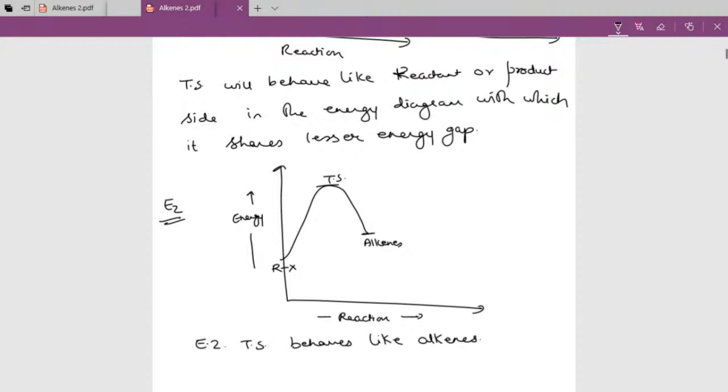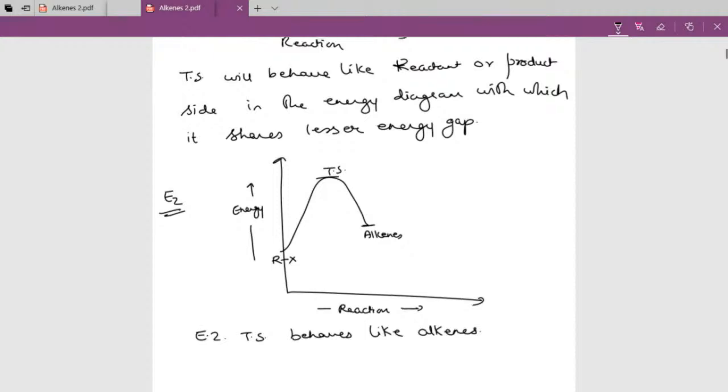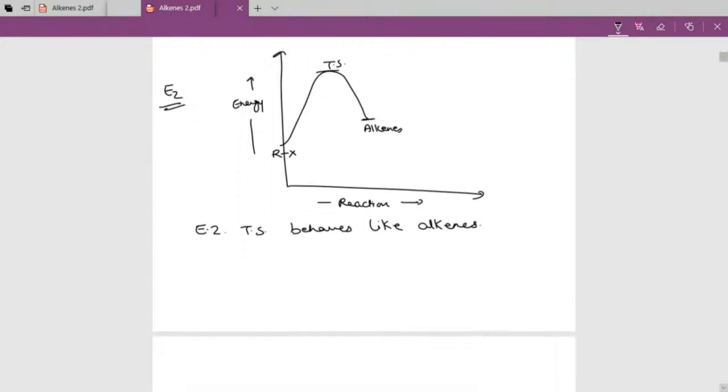Well, once we find out which reactant or product it behaves like, then a clarity comes that this transition state's stability will be influenced by the similar factors with which it is resembling. So as the E2 transition state is closer to alkenes in energy, then certainly the transition state will be stabilized by all those factors which will stabilize the alkene.